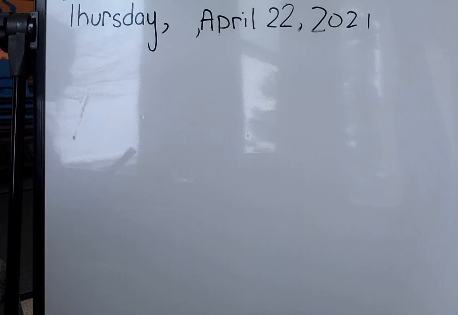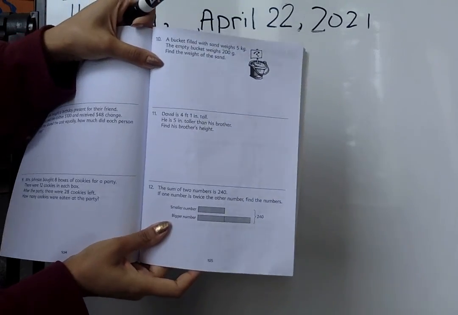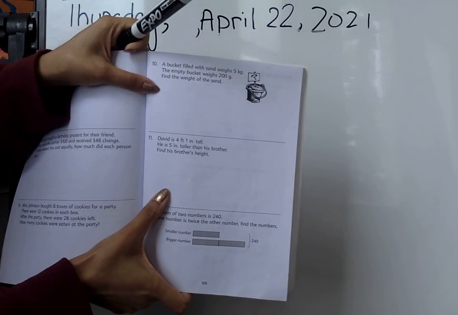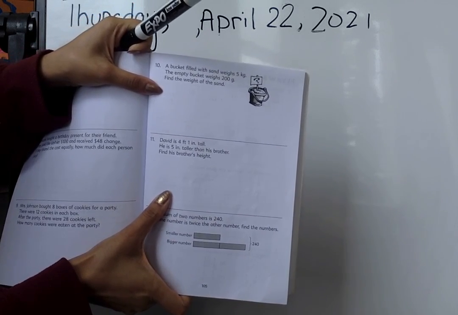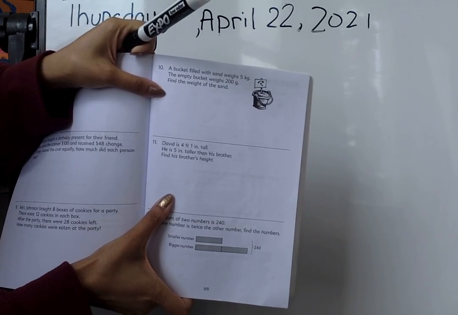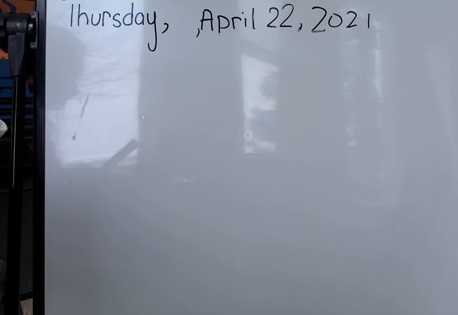Let's move to question 8. Question 8 says, David is 4 feet and 1 inch tall. He is 5 inches taller than his brother. Find his brother's height. Okay, so we know that again, we need to subtract, right? So David is 4 feet and 1 inch.